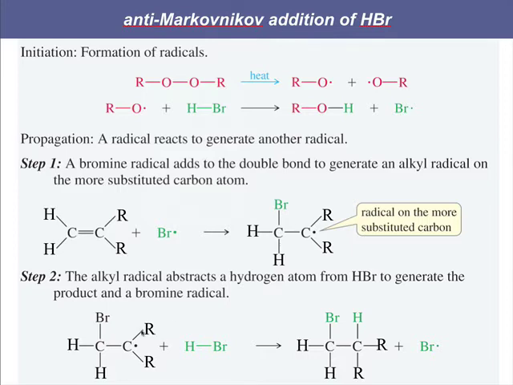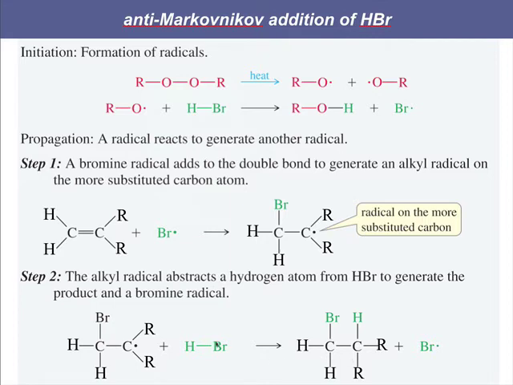Then in the second step, our alkyl radical reacts with another equivalent of HBr. So our H is going to donate an electron to our radical. Our radical is going to donate an electron to the H. They're going to make a new bond. That gives us our product.